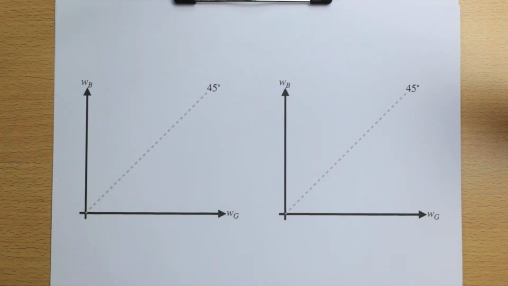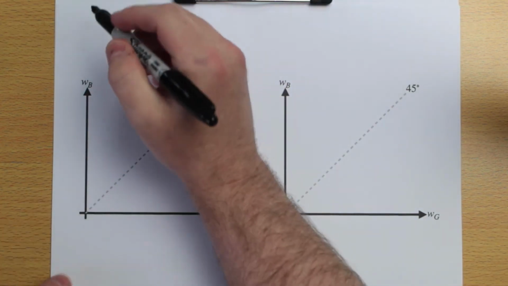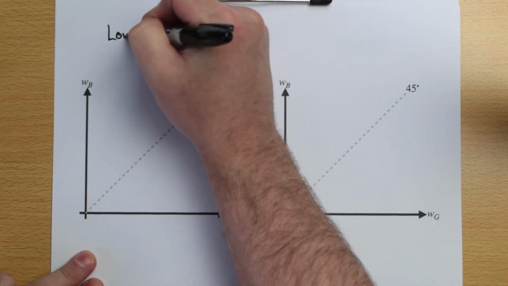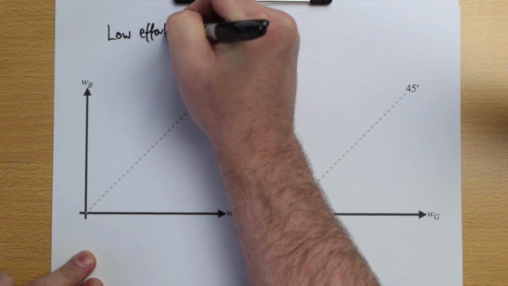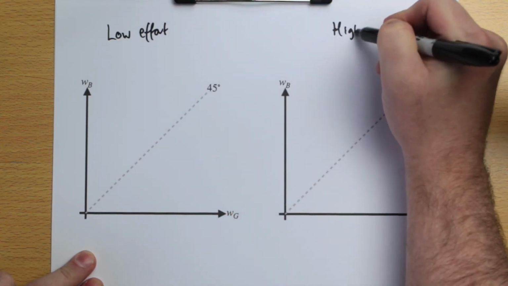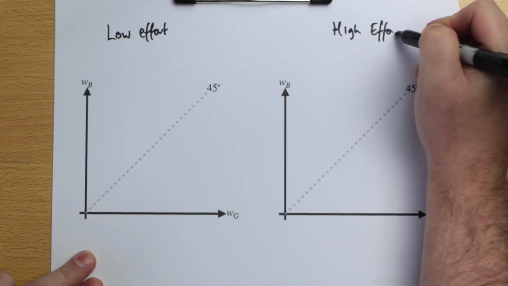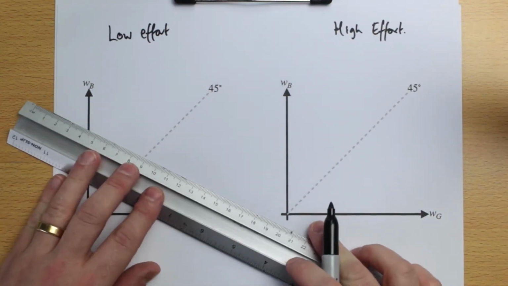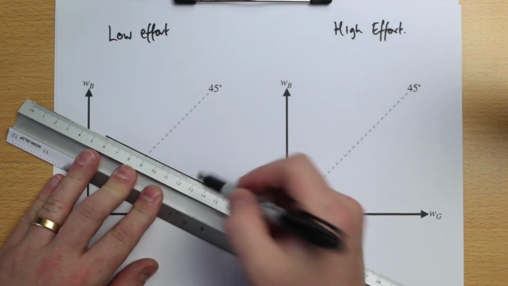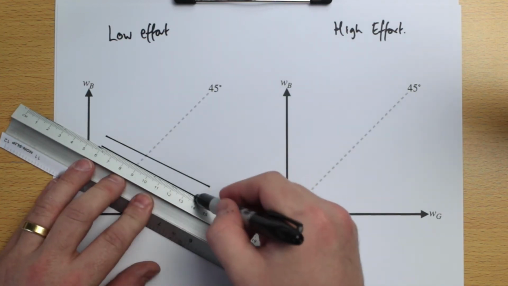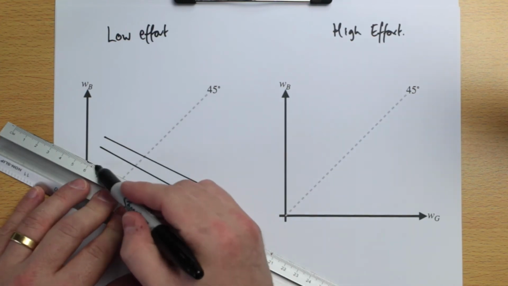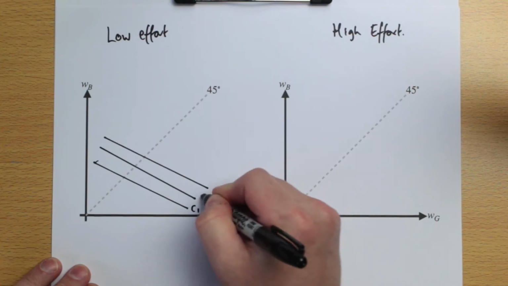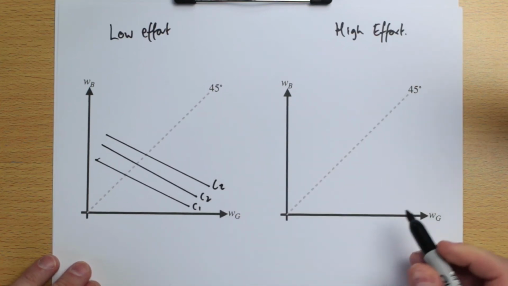So if we were to consider low effort over here and high effort over here, then if I draw a set of isocosts, something like this, I'll try and draw them parallel. So these are different isocosts, maybe C1, C2, C3.